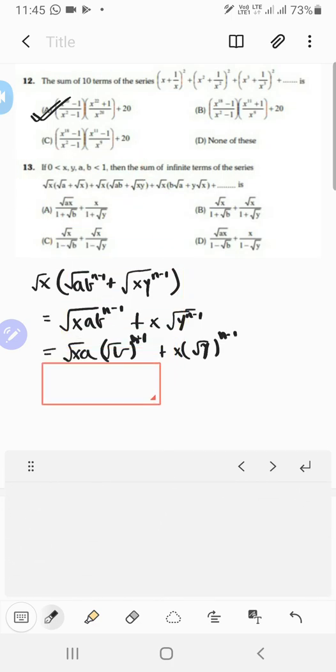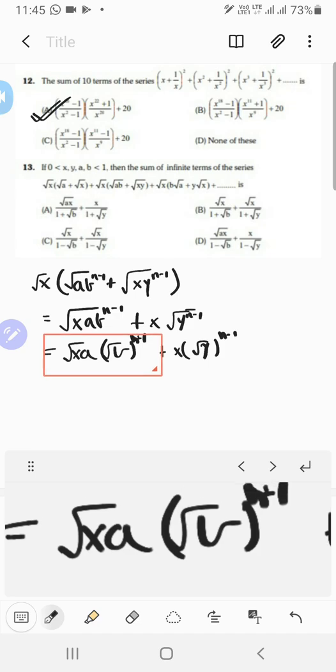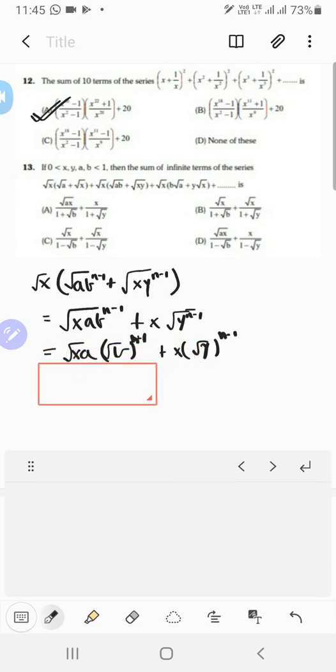That's nice. So now we can use the formula for the sum of infinite terms of a GP whose ratio is less than 1 and still positive. So it's going to be a upon 1 minus r. Here a is the first term and r is the ratio.